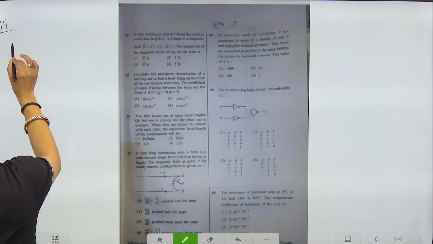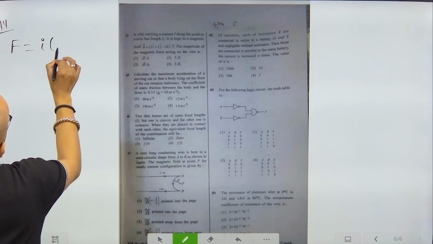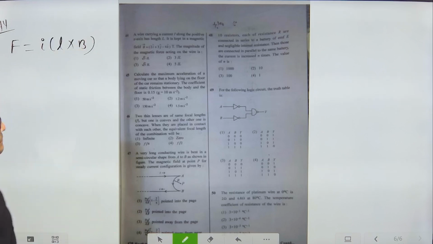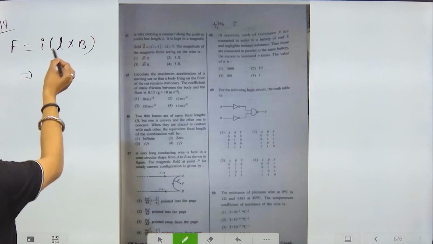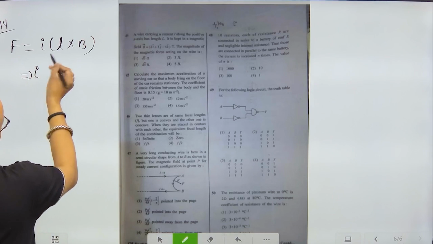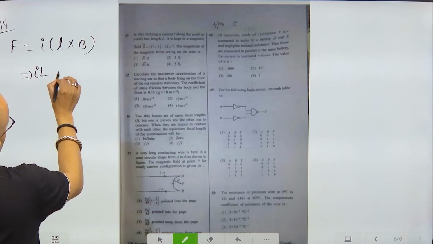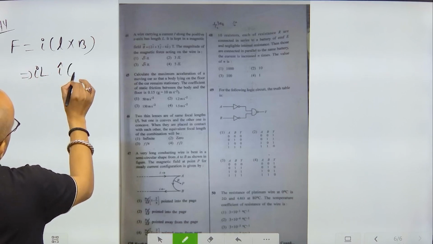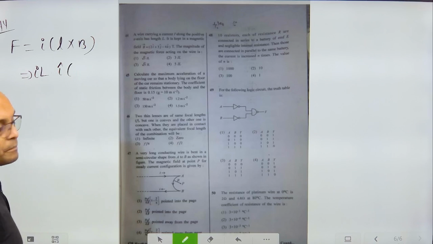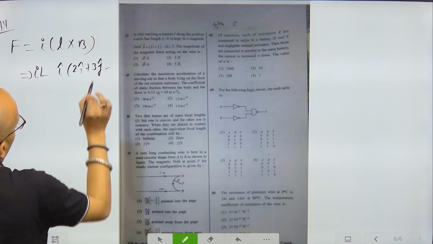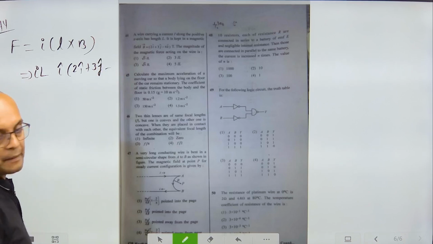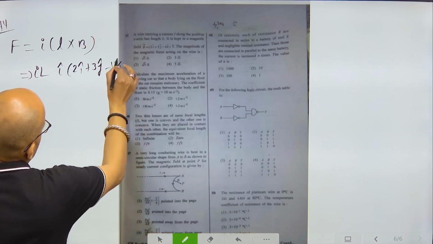Force is equal to I L cross B. It is along x-axis, so I cap, so let length be L. I cap, length is along x-axis, into B. Value of B is given to us, that is 2I cap plus 3J cap minus 4K cap. Yes or no?